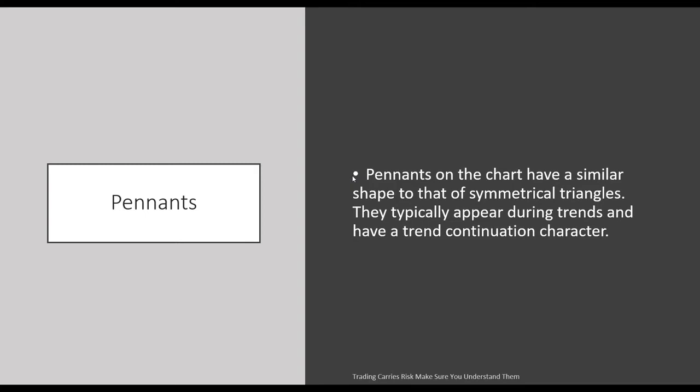Doesn't help you. Now, they typically appear during trends and have a trend continuation character. I'm going to show you, we've done a statistical study checking 525 triangles to see how often this character was right. If we had an ascending triangle, would the breakout be up?